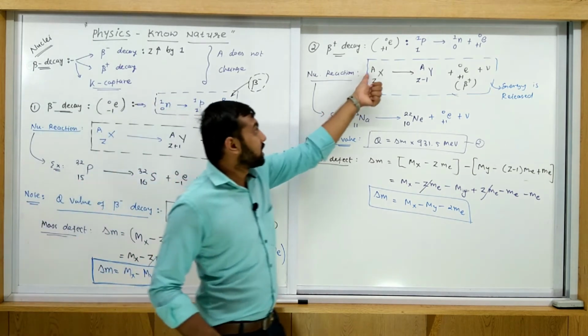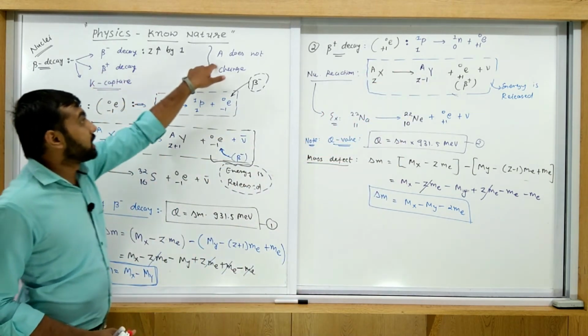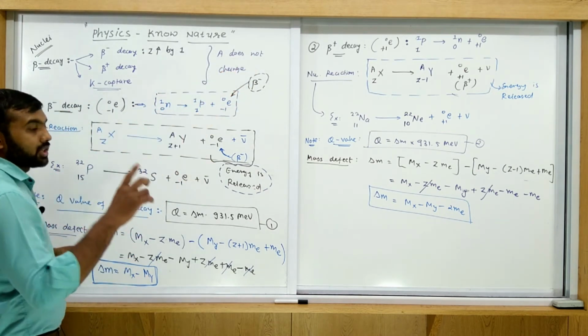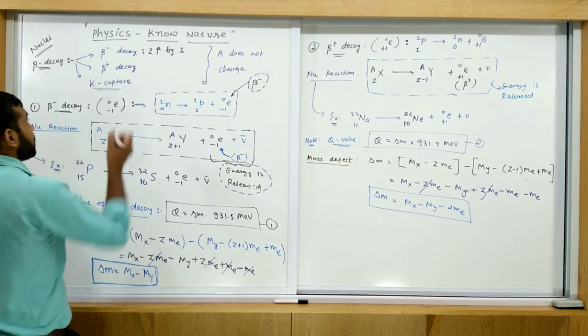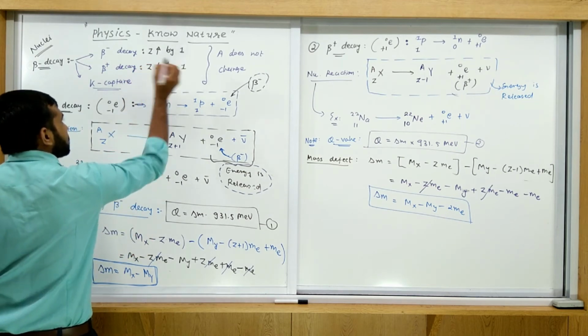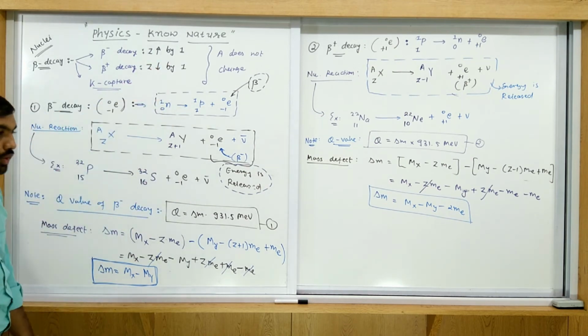So for beta plus decay, A does not change, but Z is decreased by 1.